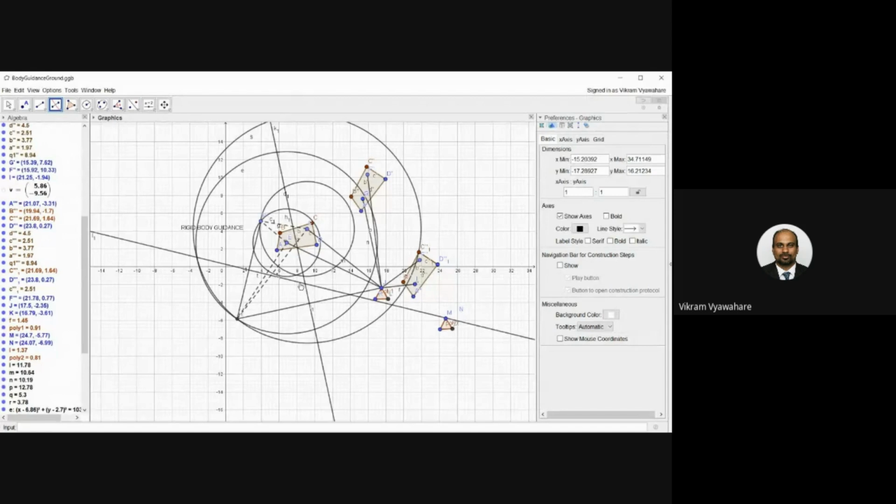So this is the point. Let me just mark it so that we don't forget. Okay, so what is this point? This point actually is the point on the coupler curve, so this is the first left side point on the coupler curve.